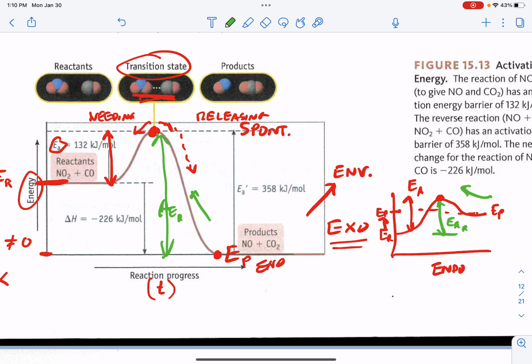I did that backwards. It's E sub A. So imagine if we took the graph on the left and held this corner of the paper solid and flipped it over onto its back, then you would have this graph on the right.